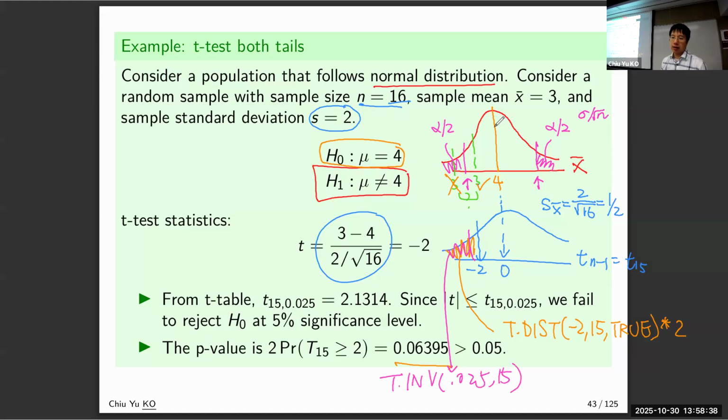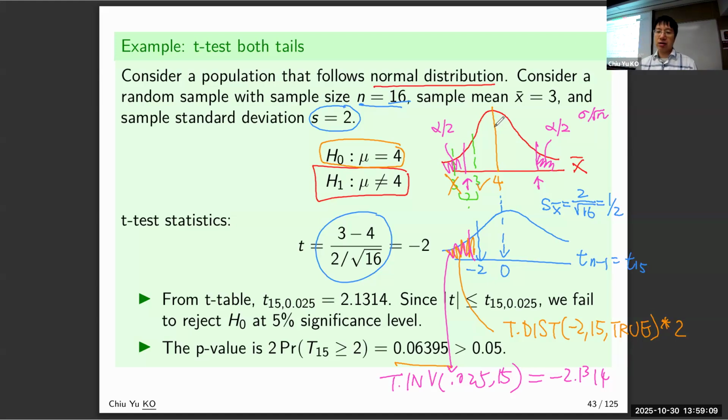And this will give you negative 2.1314. So that's why -2 is not inside this region. So you will not reject, so you will still keep your H0 having mu equal to 4. Is that clear? Don't worry, as I said, we keep doing the same thing again.